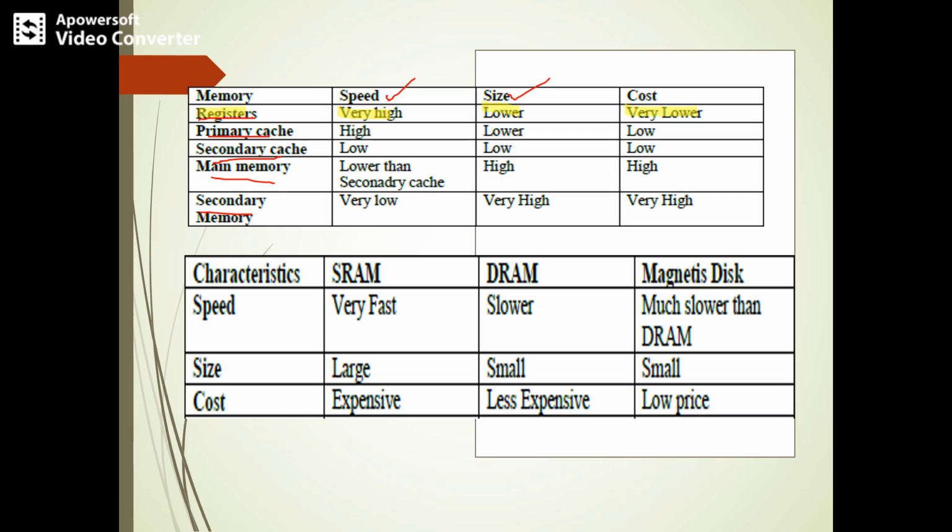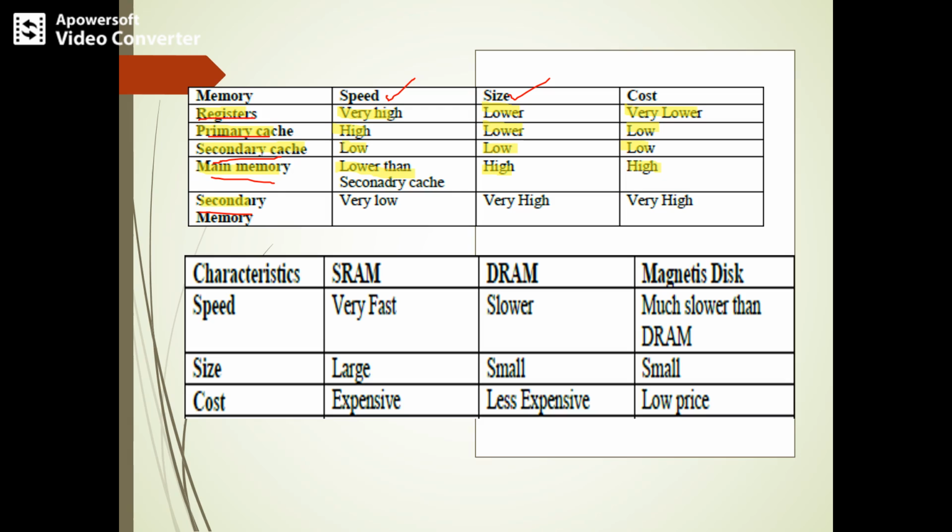Similarly, for the primary cache, the speed is high, the size is small, and cost is low. If I am taking secondary cache, that is L2, speed is lower, size is low, cost is also low. Main memory is slower than the secondary cache, the size is comparatively high, and cost is also high compared with the secondary cache.